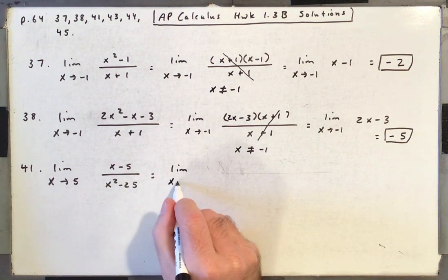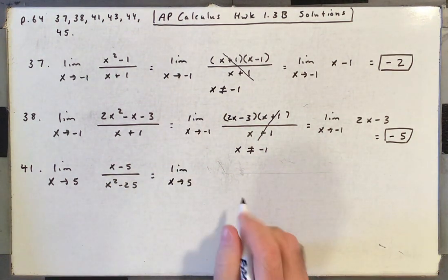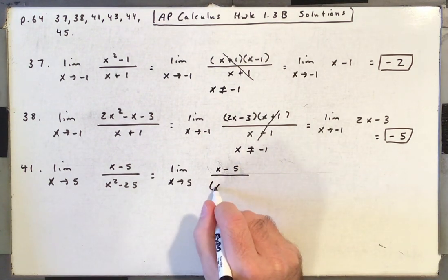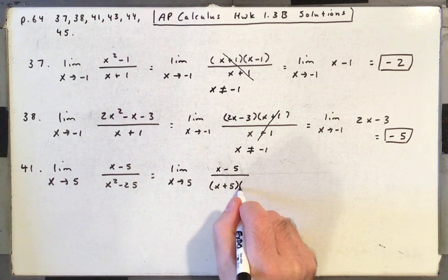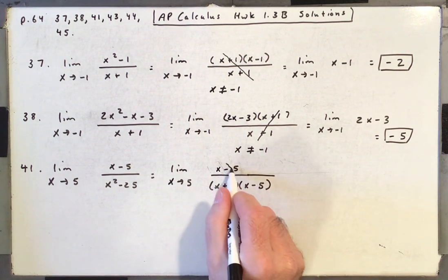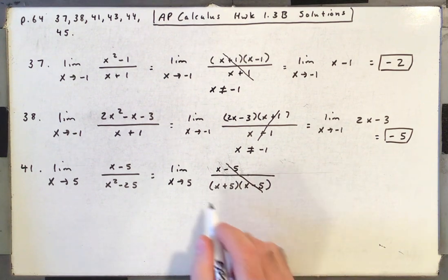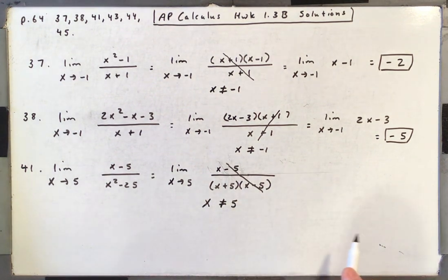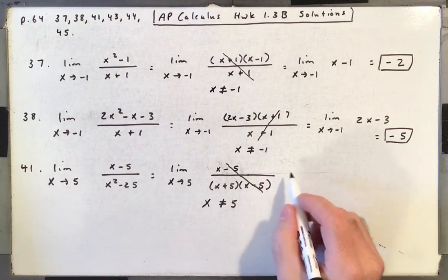You want to do that first. So the limit as x approaches 5 of x minus 5 over x plus 5 times x minus 5. Conveniently, the x minus 5 cancels as long as x does not equal 5. That would make it a 0.